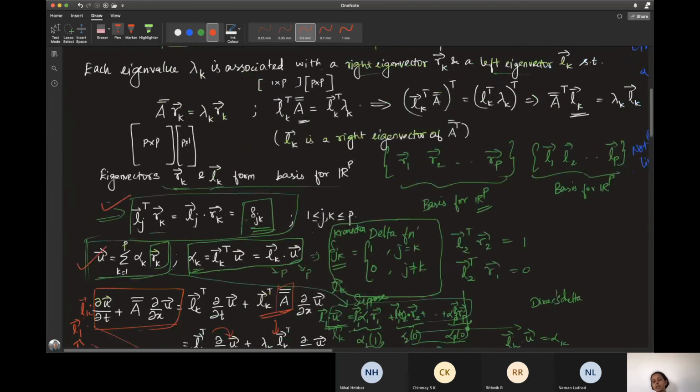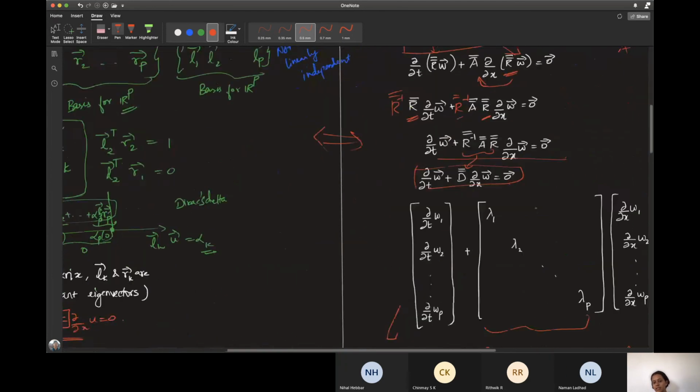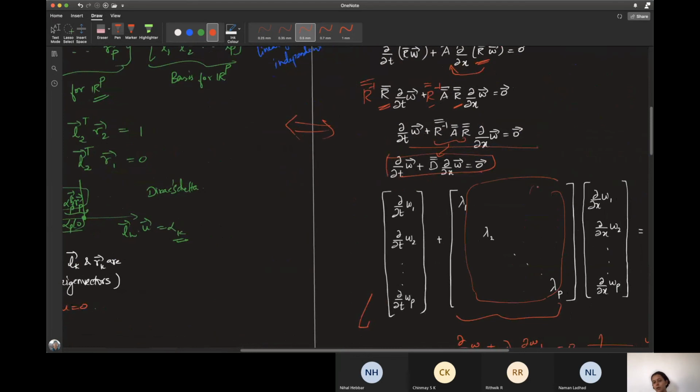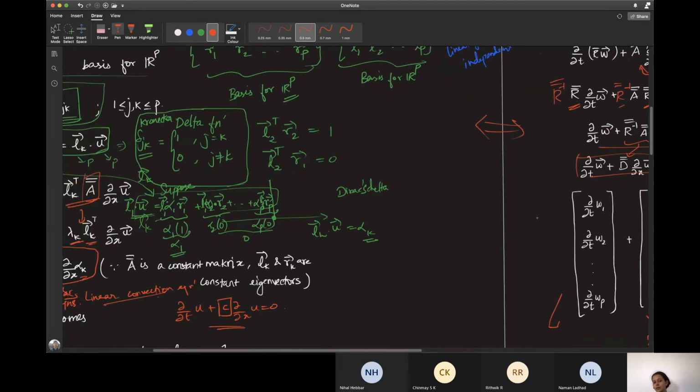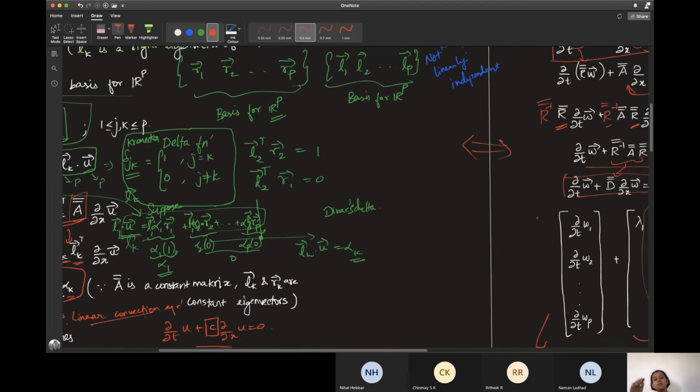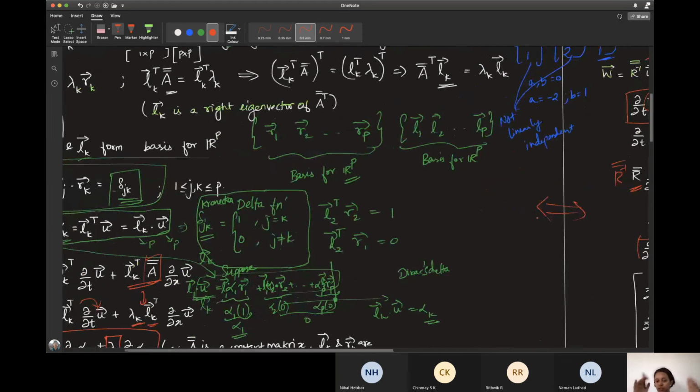But since we are able to get a diagonal matrix out of A through some decomposition, we are able to split the full system of P equations into P independent scalar equations. Then we solve those P independent scalar equations separately and get the solution for the whole system of P equations from these solutions.